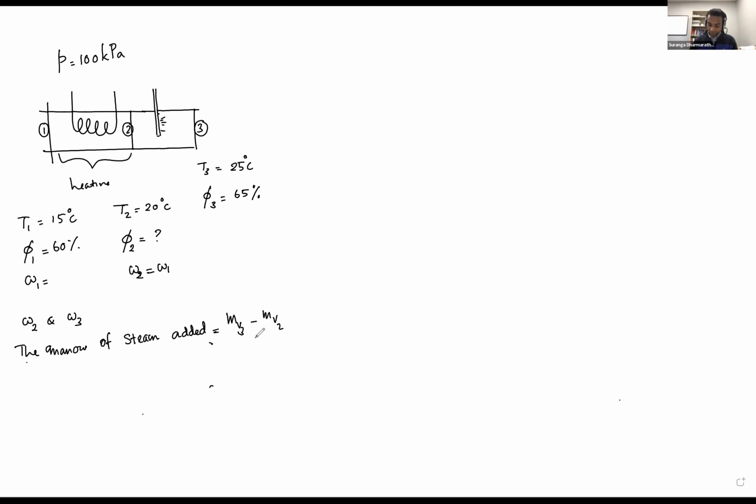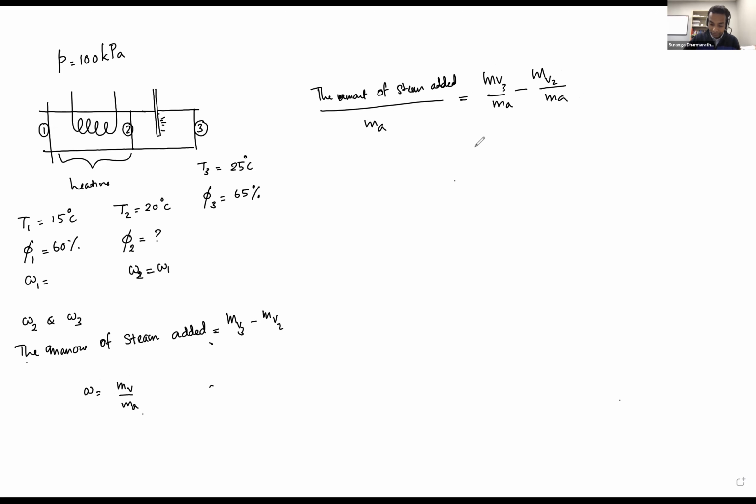We know that by definition omega is the mass of vapor divided by the mass of dry air. So if I divide the steam added by the mass of dry air, it is equal to the mass of vapor 3 divided by dry air minus the mass of vapor 2 divided by the amount of dry air.